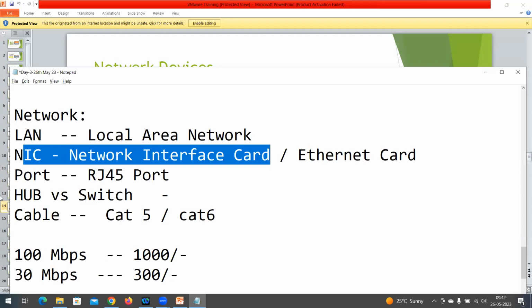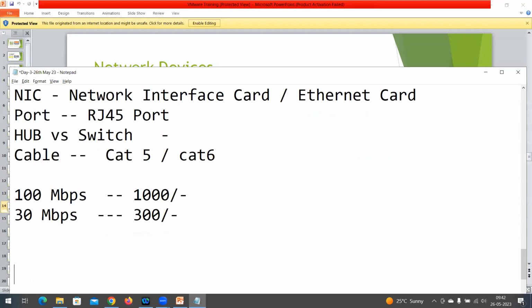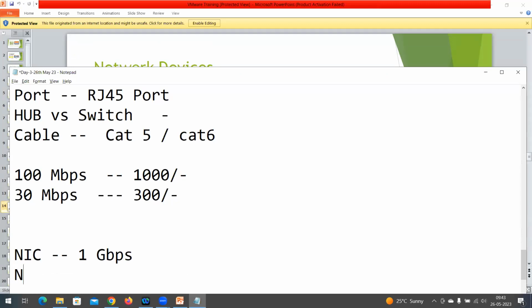Generally, NIC cards will be there. What is the NIC card speed? Have you noticed the NIC card speed? If you go on your internet Wi-Fi, you get a Wi-Fi speed. What is the local area network speed? Generally, in our laptops, we get a 1 Gbps network card. But in servers, we have different speeds: 1 Gbps, 10 Gbps.